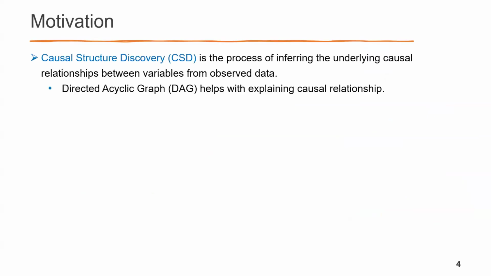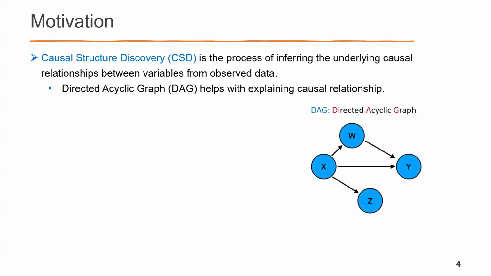This is where the study of causal structure discovery comes in, which is the process of inferring the underlying causal relationships between variables from observed data. Here is an example of a directed acyclic graph, which we call a DAG, used to visualize the causal relationships among variables.